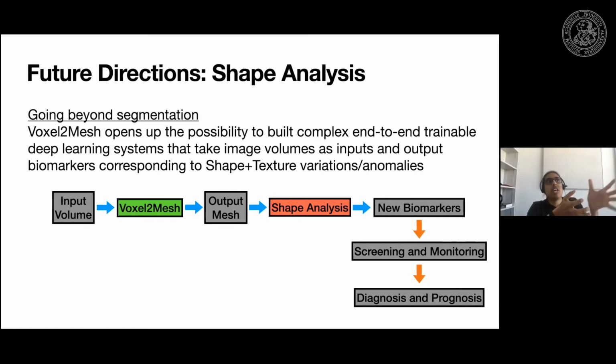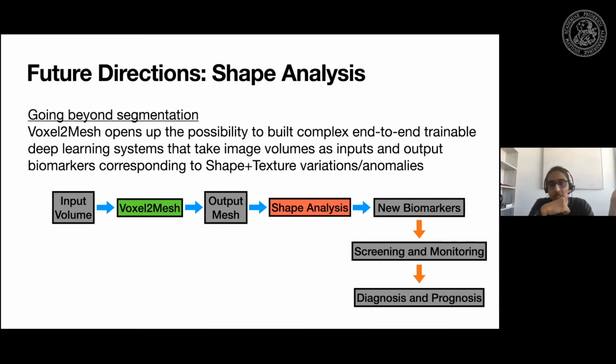Of course, you can do the shape analysis in the voxel domain, but in my opinion, I don't think it's the efficient way. We should use meshes for shape analysis. Even if you look at the past literature, people used meshes for shape analysis. They did not use voxel representation.